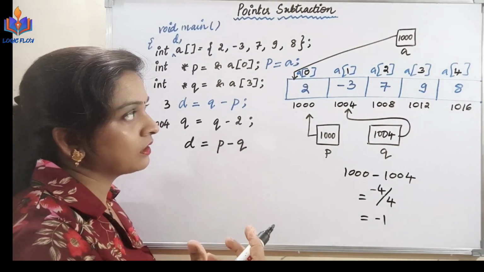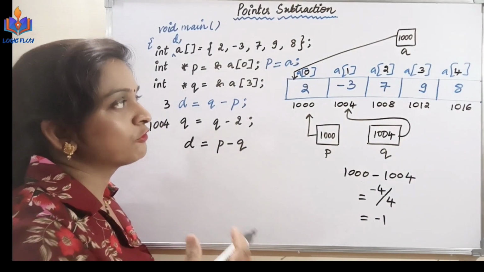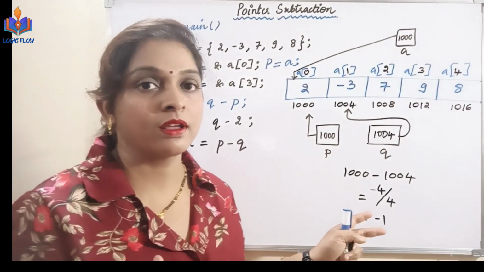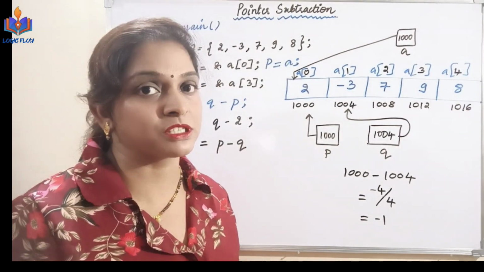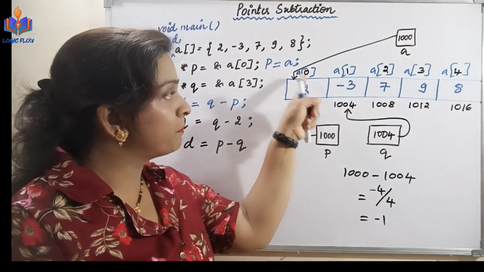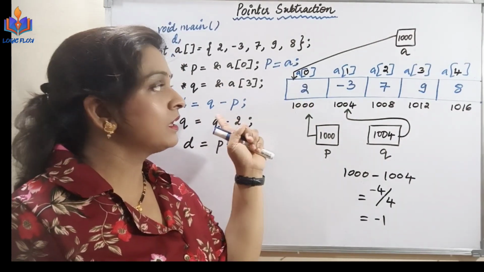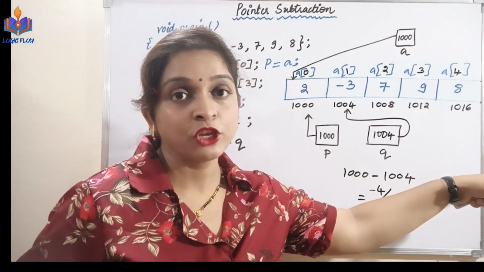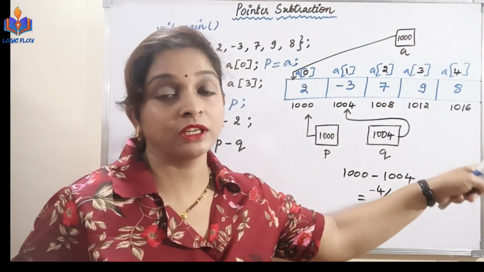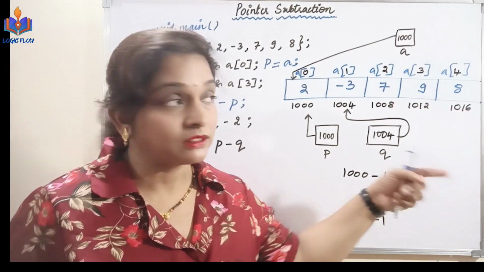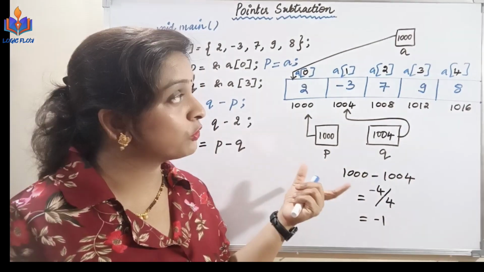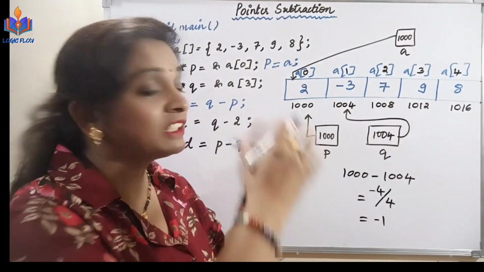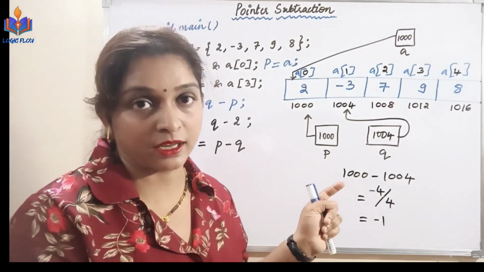So you can use this when you have to move backward and forward, but sometimes, if the pointer goes beyond the array, either backward or forward, then you get some junk value. It does not make any sense. You shouldn't do that. You have to take care that you stay within the range of the array.